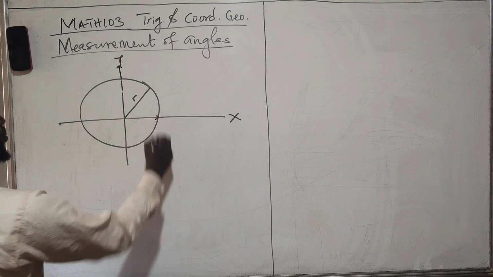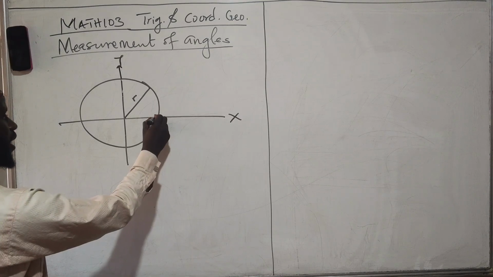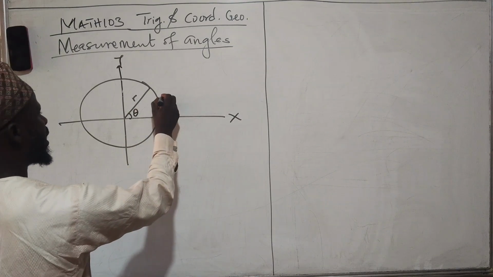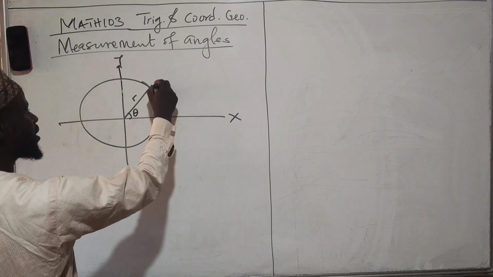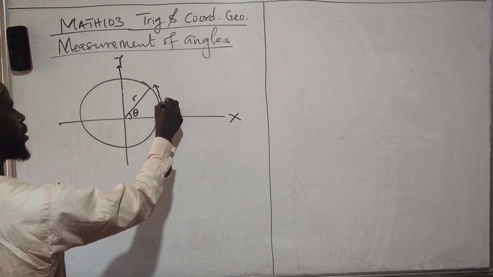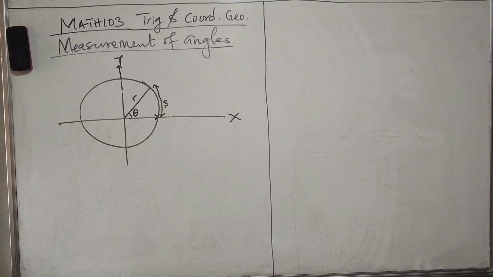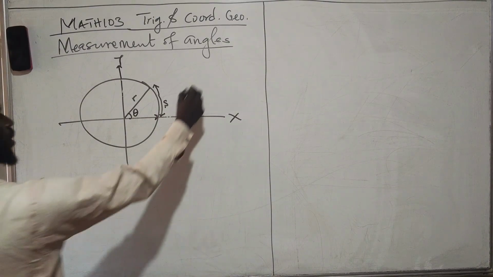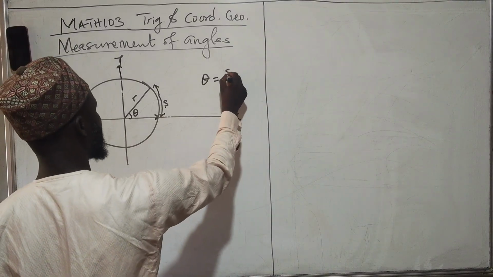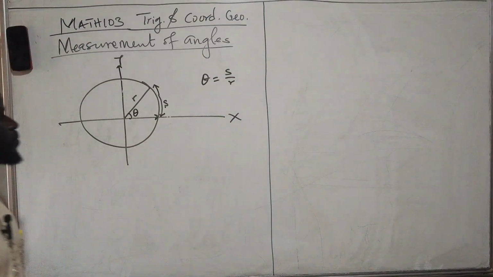And because theta is in standard position, we have the arc length here to be s. So we see that our theta is equal to s over r.